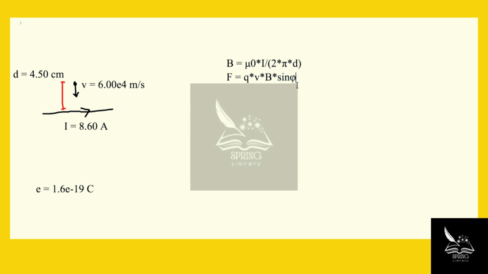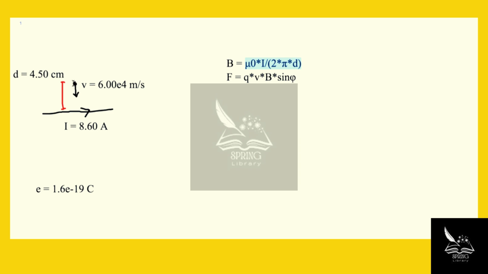So first, let's think about the direction that the magnetic field is going to be going in. If the magnetic field is caused by this current, using the right-hand rule, if we point our thumb in the direction of the current to the right, our fingers are going to curl out of the page directly at this point up here.